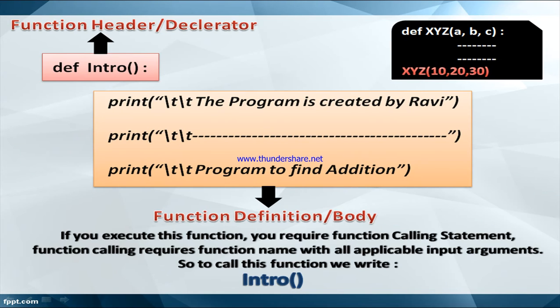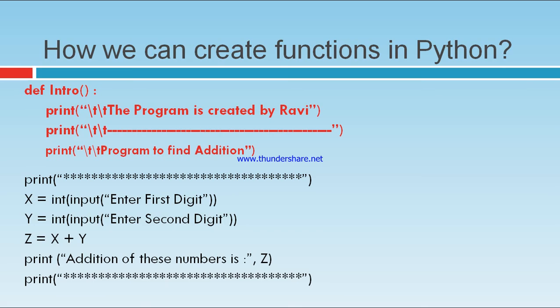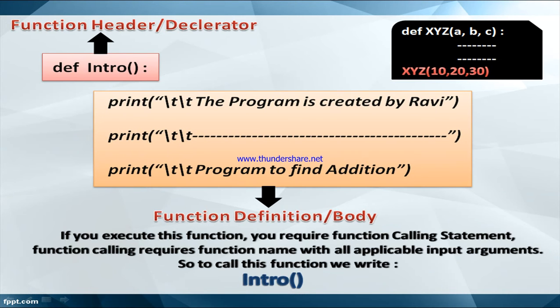Clear? Now if we see this intro function and divide it into different parts, how many parts will be there? Just check it out. def intro, the very first line of the function, is known as the function header, or we can say function declarator. def is the keyword to create a function, so we should write it in small letters only.